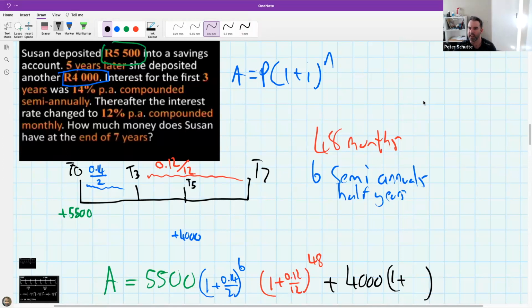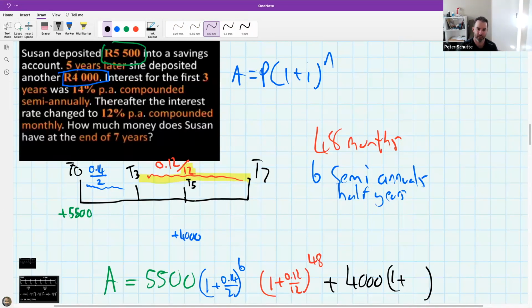So Masubulela, the reason we got 48 is if we go from the end of the 3rd year, how long is it from the end of the 3rd year to the end of the 7 years? That's 4 years in total. But in this time period, I want to know how many months there are, and 12 times 4 gives you 48.